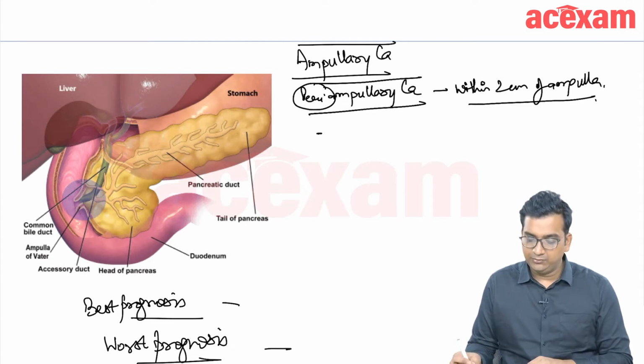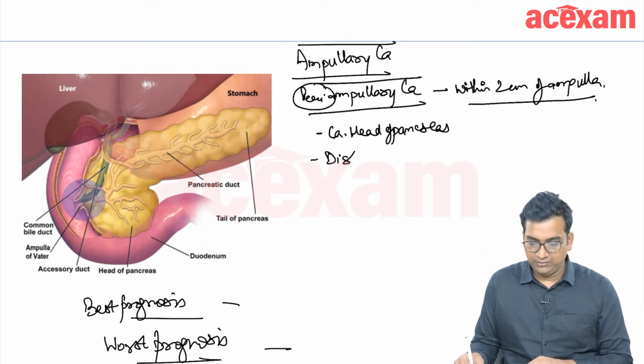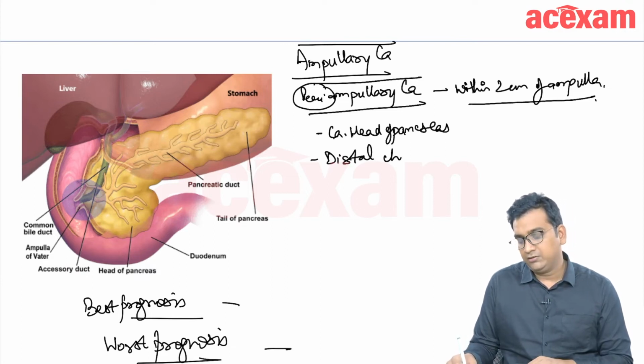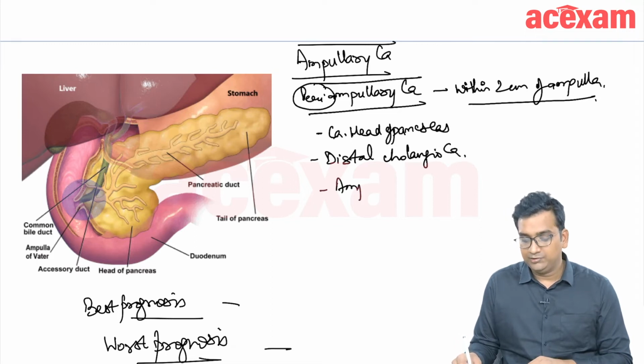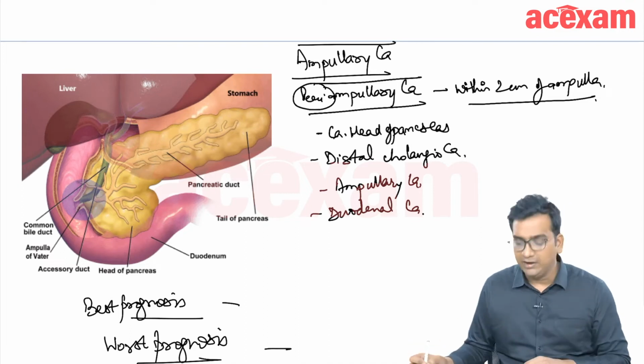And this includes carcinoma head of pancreas, distal cholangiocarcinomas, ampullary tumors, and duodenal carcinoma, which is present within 2 centimeter of the ampulla.